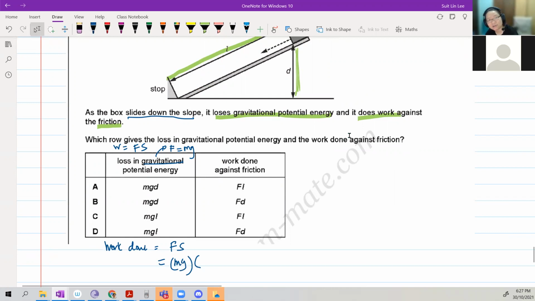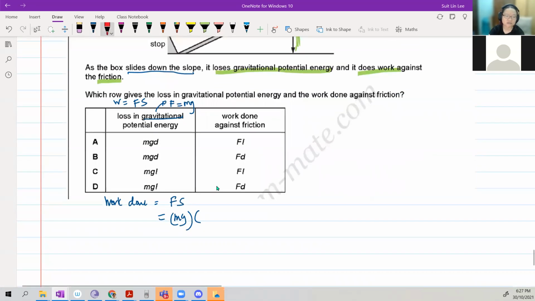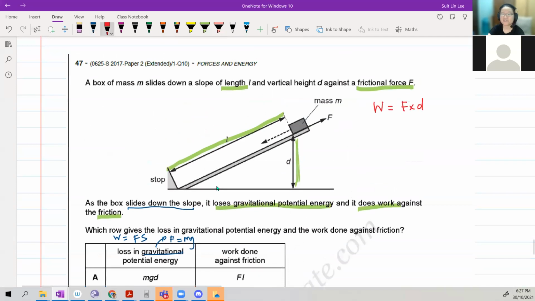What is the distance traveled? Remember, whenever we use the equation, work done is force times distance. F and D are parallel.